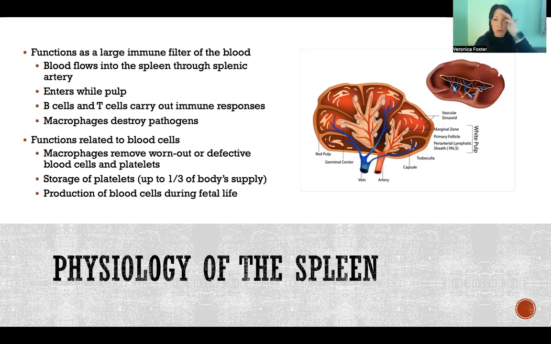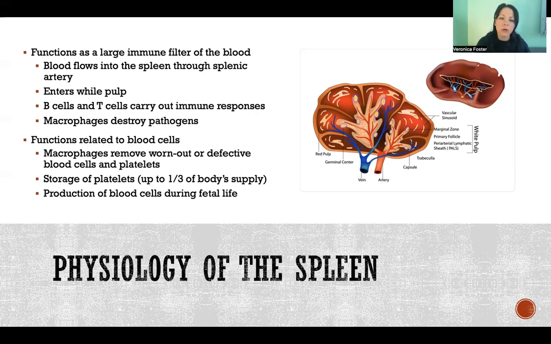Because if the platelets are in good working order, but the problem is just that we have too many, it makes more sense to pull them out of circulation and store them so that we can put them back into circulation when we need them, rather than to destroy them completely, because that would be wasteful. So the spleen stores those, and it helps with our platelet homeostasis to make sure that we maintain the appropriate number of platelets in the blood.